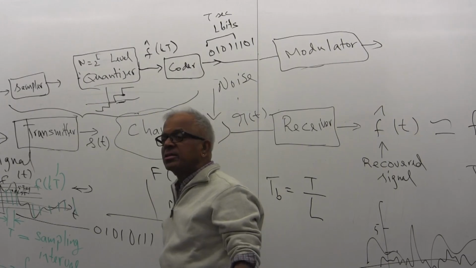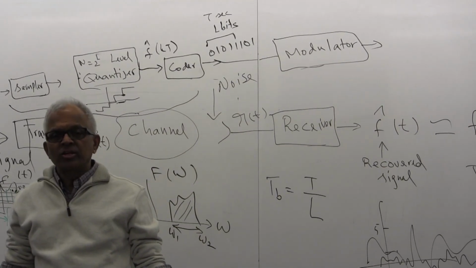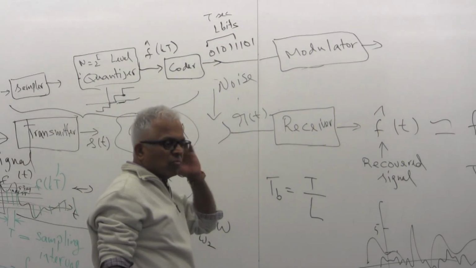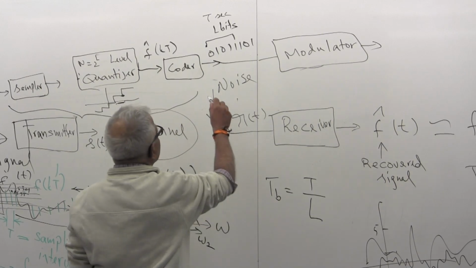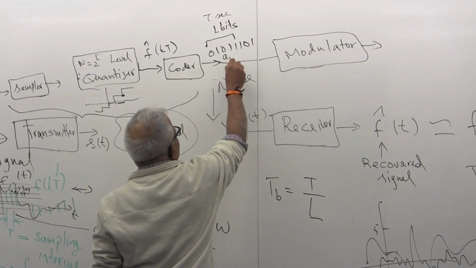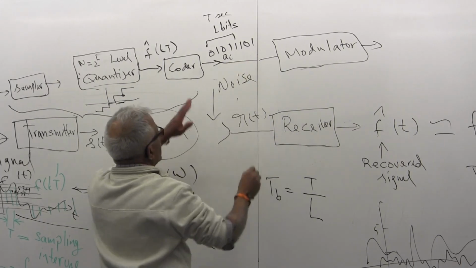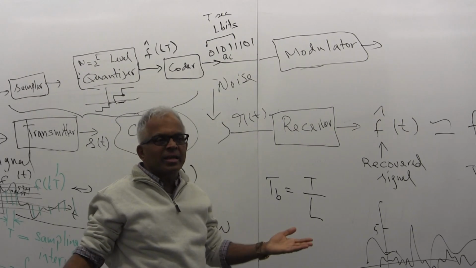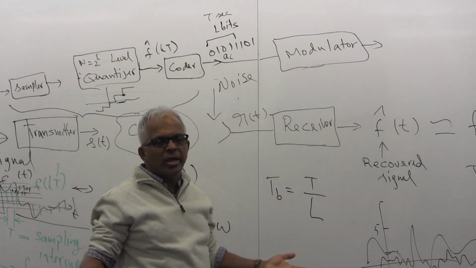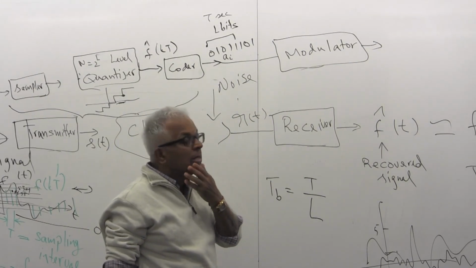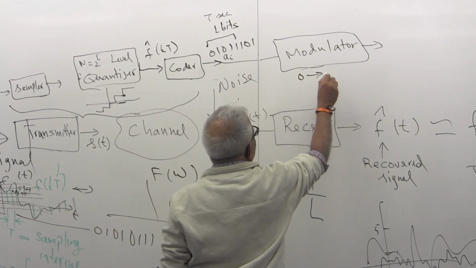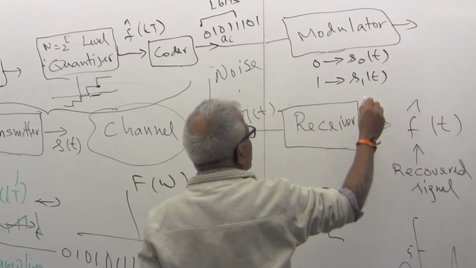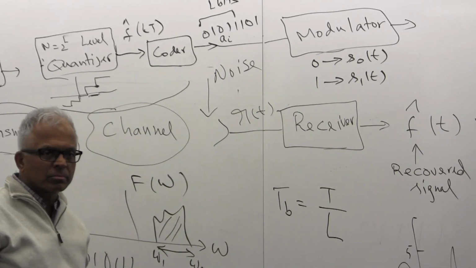This is where you might have heard the terms amplitude modulation, phase modulation, etc. If I call these bits A1, A2, etc., you can see at this point we have made it insensitive to whether it's audio, video, or data; everything is zeros and ones. Then we may have a scheme where 0 will be transmitted by some waveform S0(t), and 1 will be transmitted by S1(t), for example.